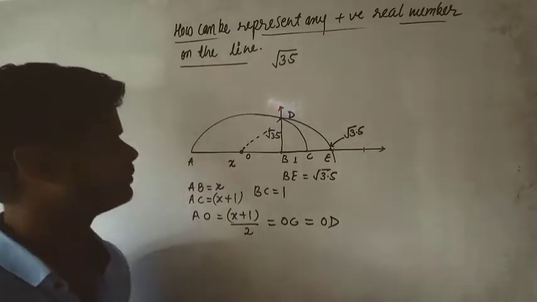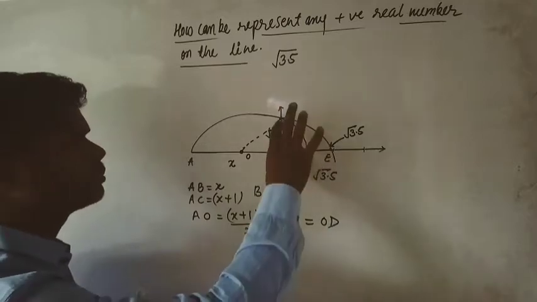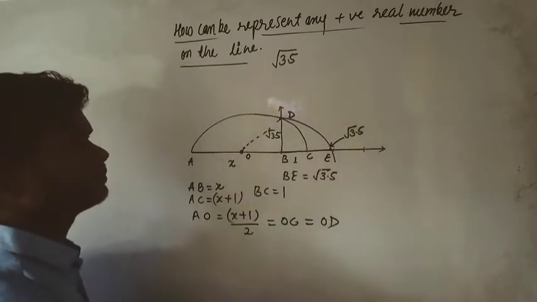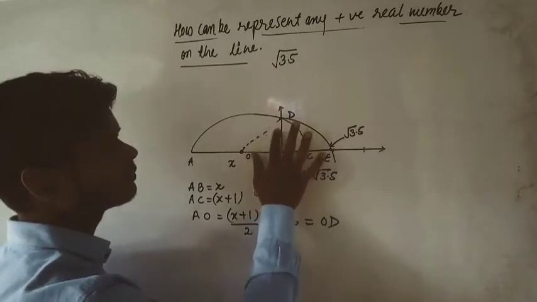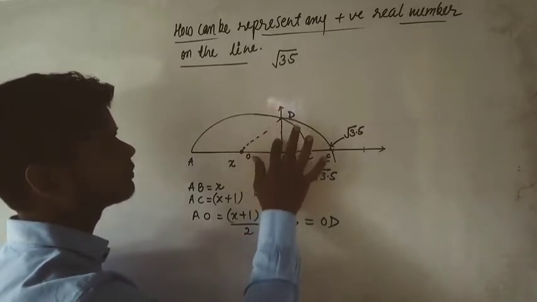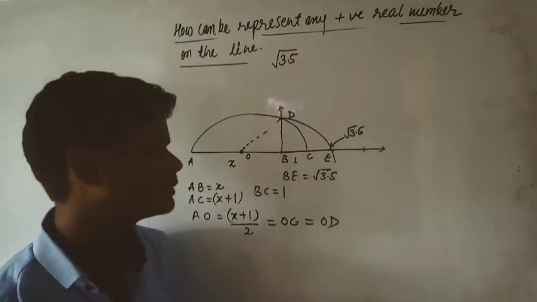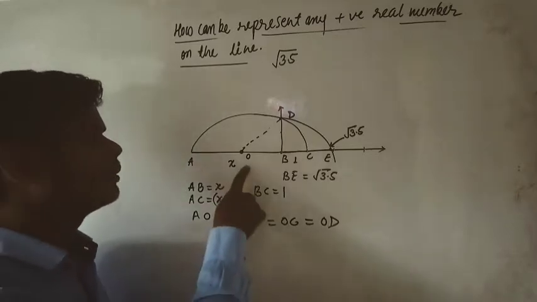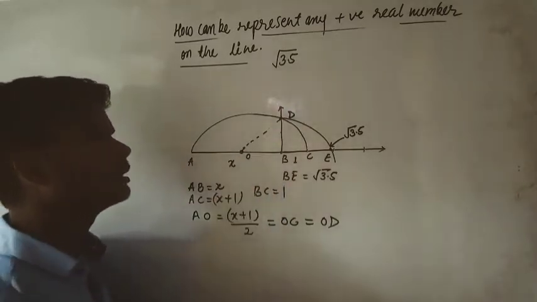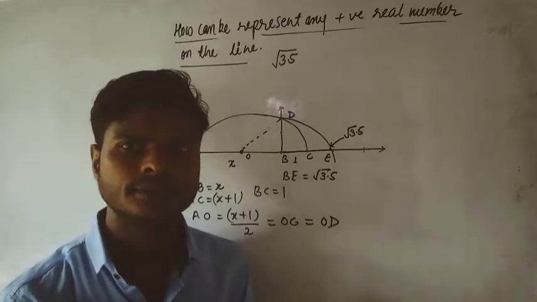Now we define the line segment BD with the help of Pythagoras theorem. See here, OBD represents a right angled triangle.